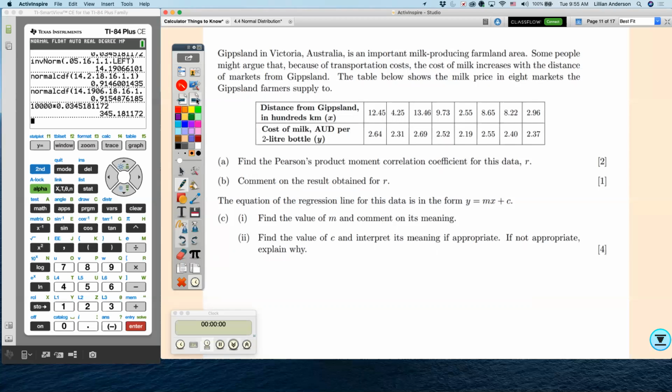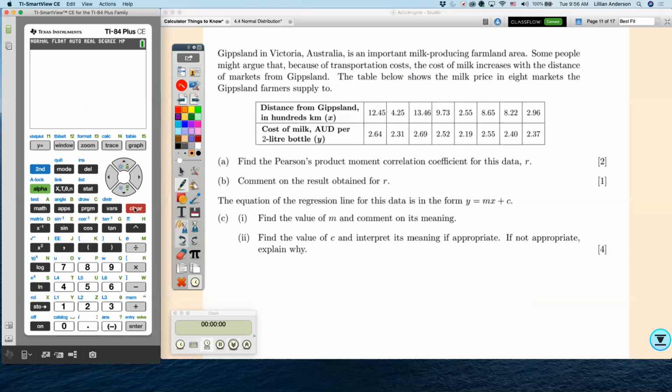Pearson product moment correlation coefficient. If you do not turn your diagnostic on, you are not going to see that number. So remember, when your calculator gets reset, you won't see R, but once you turn it on, you will see R. To find R, you go to Stat, Edit, type in your data.